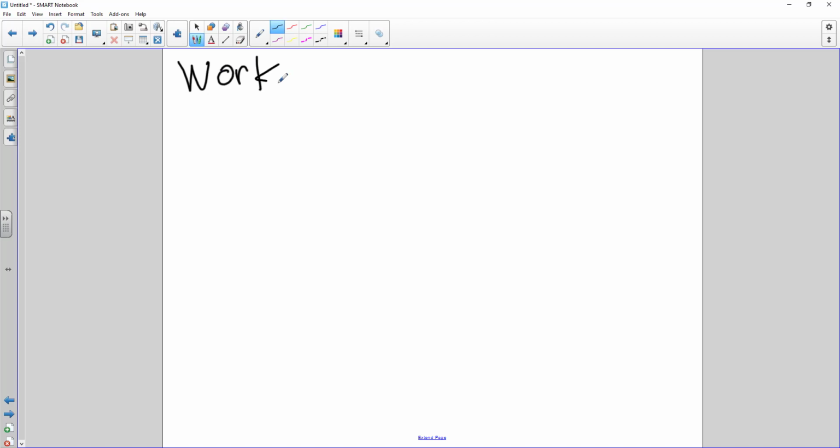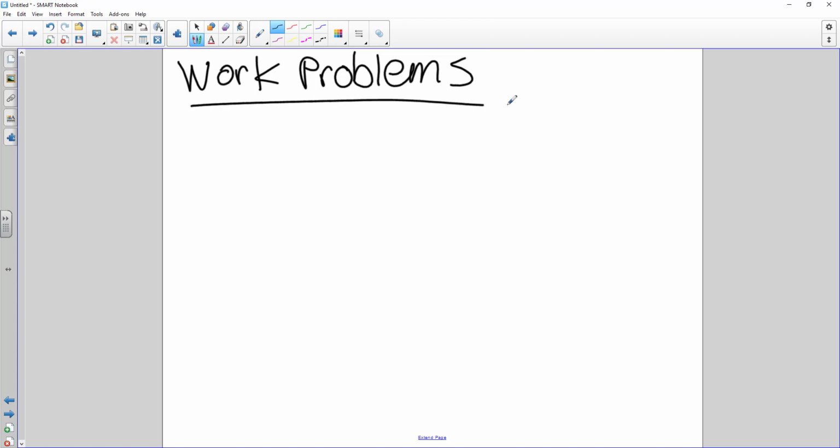So, work problems. This is an application to solving equations, particularly with fractions. One way to look at these is to kind of use a formula.